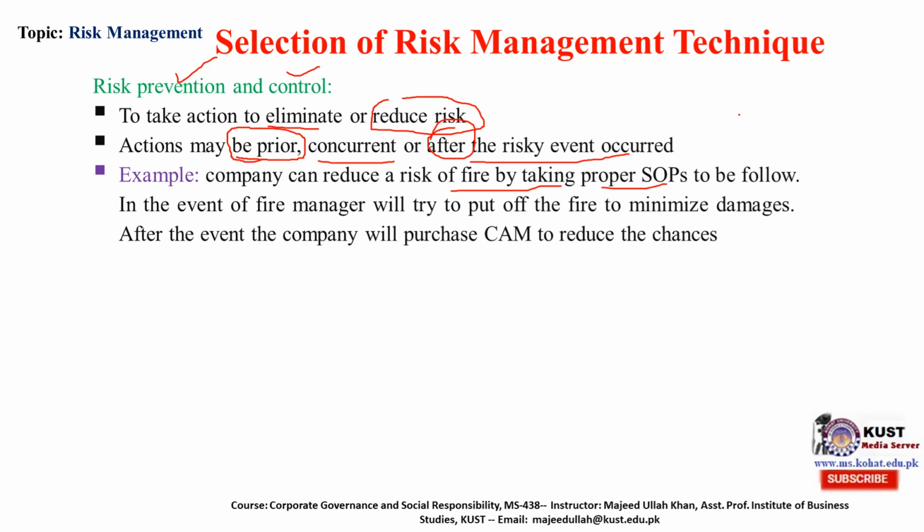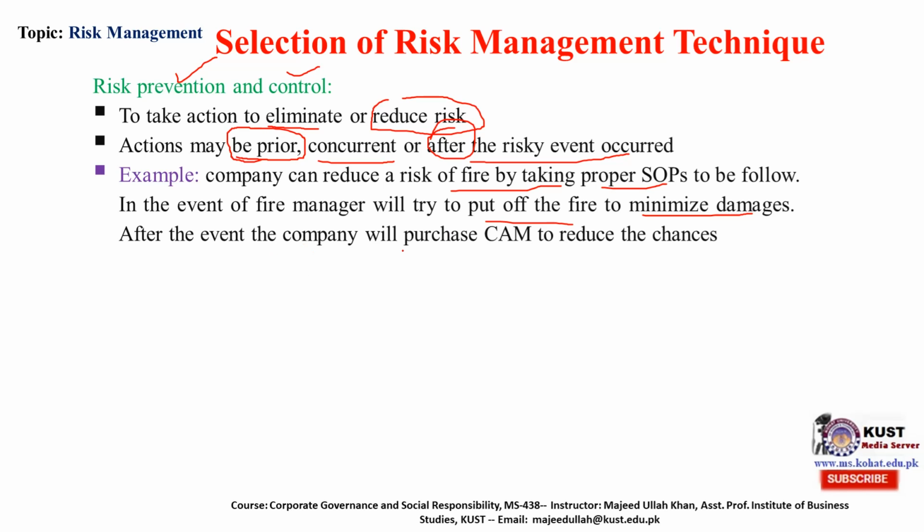There are a lot of other internal controls to be followed in order to reduce the chances of fire. These are precautionary measures. In the event of fire, the manager will try to put out the fire to minimize the damage. That is a concurrent action that managers take to minimize the risk.